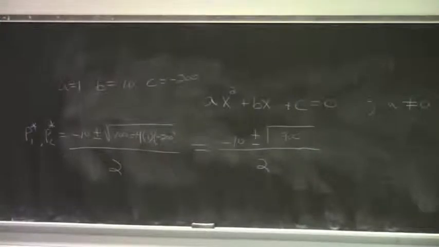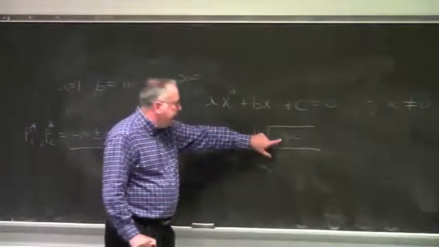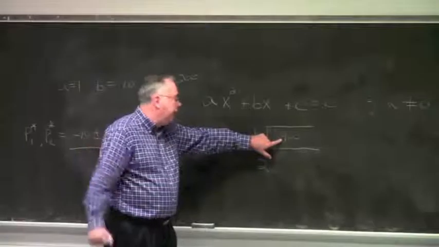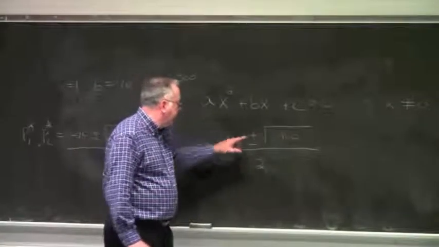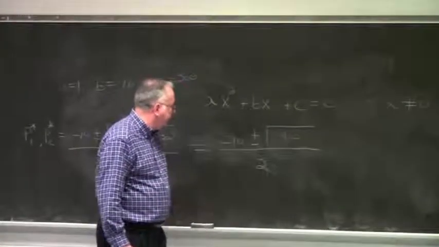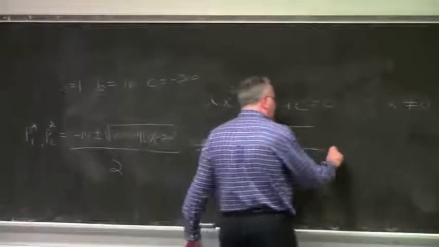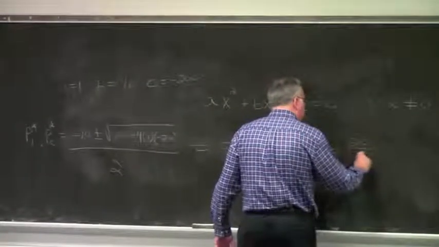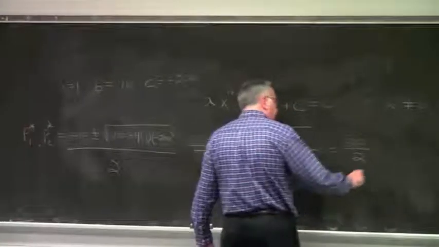So the two roots, the square root of 900 is what? 30. So if we add this, we get minus 10 plus 30, that would be 20 over 2. That would be our 10.